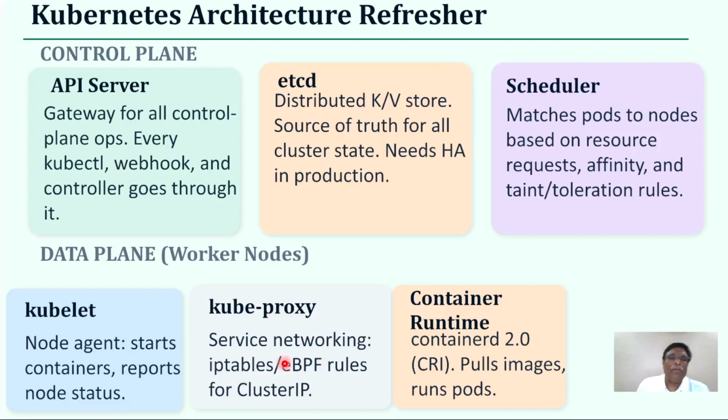For trying to connect everything. Okay, and then container runtime is containerd. Okay, and it pulls the images, runs the pods, and so on and so forth, right? So this is the basic idea about Kubernetes architecture. We'll try to discuss what pods are and what nodes are as we go along, right?